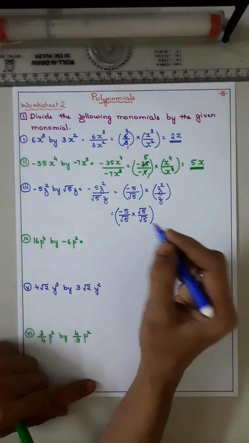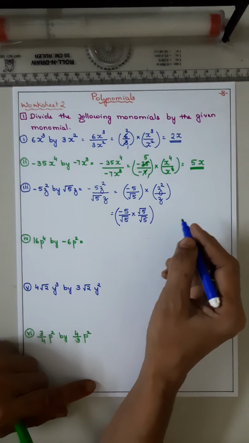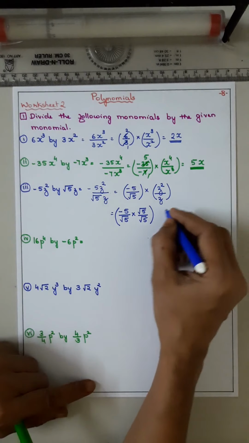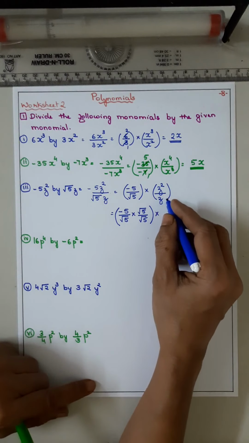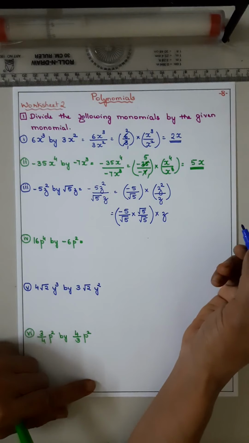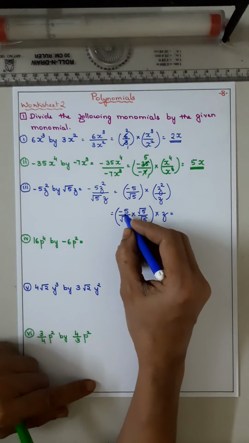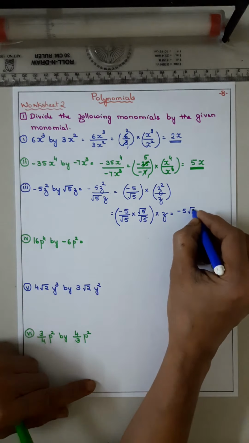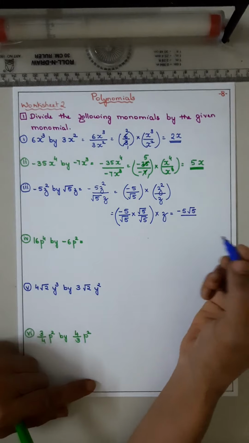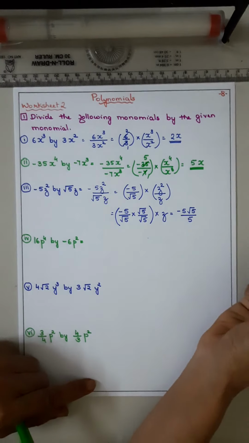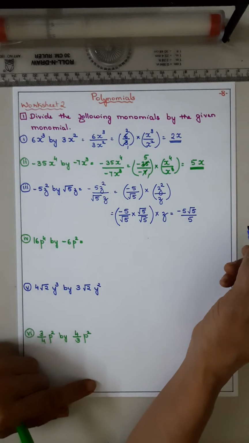Whenever there is a square root in the denominator, multiply numerator and denominator by root 5, and this becomes z squared upon z, that means 2 minus 1, z. Now what will it become? Minus 5 root 5 upon root 5 into root 5, it becomes 5, twice square root of 5.